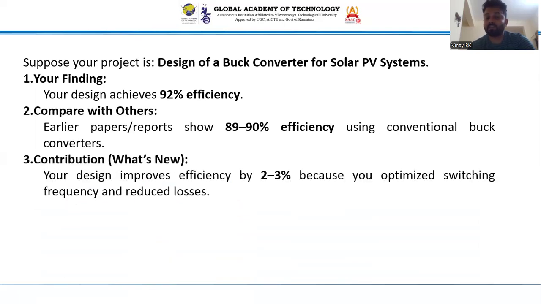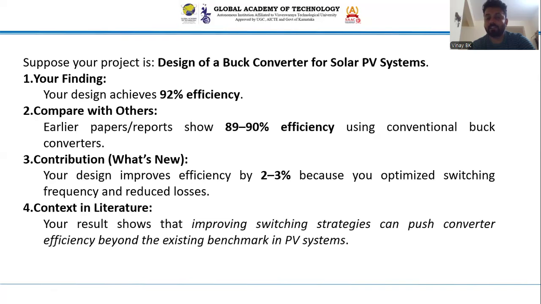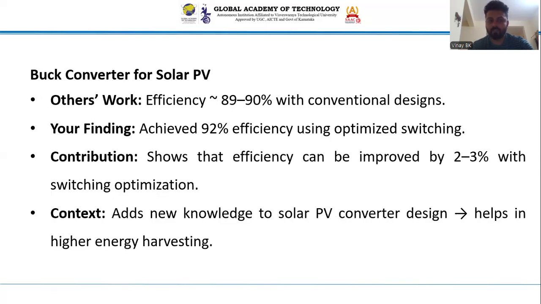You improve the efficiency from 90 to 92%, that is 2 to 3%, because you optimized switching frequency and reduced losses. Then the context in literature: your result shows that improving the switching strategies can push the converter efficiency beyond the existing benchmark in PV systems. This is what contextualizing means: contribution, comparison, findings.